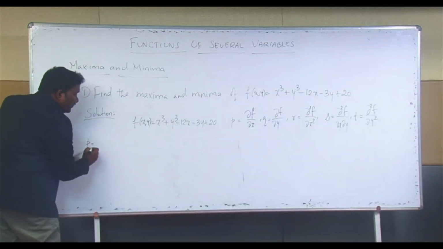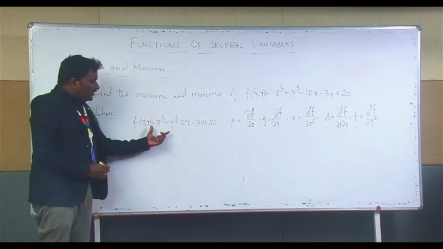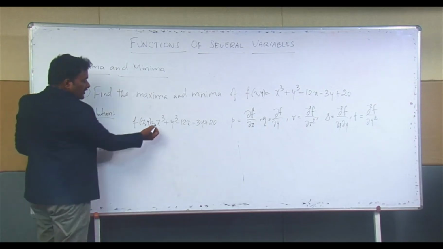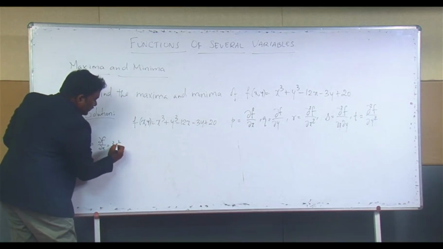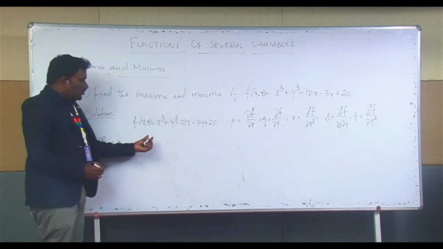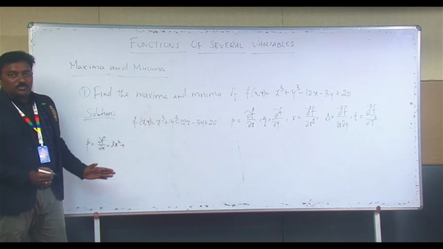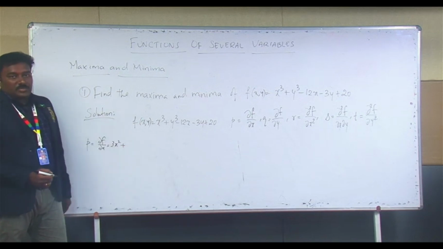Here this P value is nothing but dou f by dou x, that is the partial differentiation of this function with respect to x. If you differentiate this with respect to x, it will become 3x square plus, this y power 3, there is no term x in that, so it will completely become 0 because it is considered as a constant when we differentiate partially with respect to x.